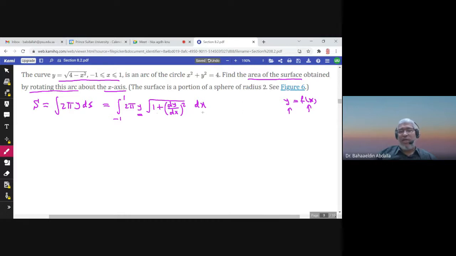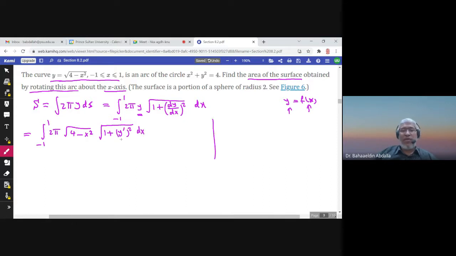Since the integral is with respect to x, I will write it f of x. If the integral is with respect to y, I will just write it y. So it would be the integral from -1 to 1 of 2 pi, and y is the square root of 4 minus x squared, times the square root of 1 plus y prime squared, or (dy/dx) squared, dx.